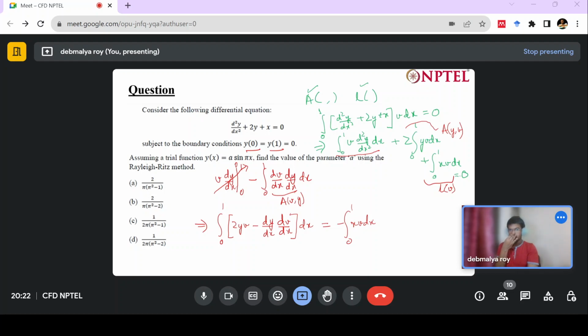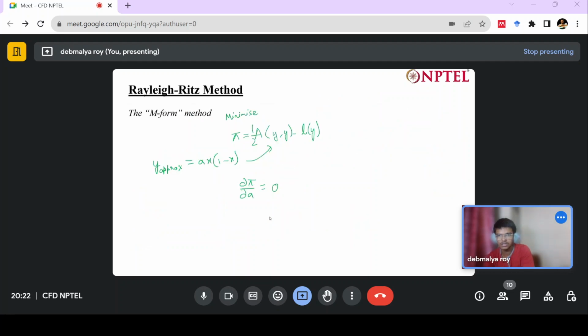Okay. Now what we have to do? We have to use the M form. So let's go back to the previous page and solve this equation there. We have space here. Write this expression here. This is what we are going to do anyways. So instead, I will write what is given.